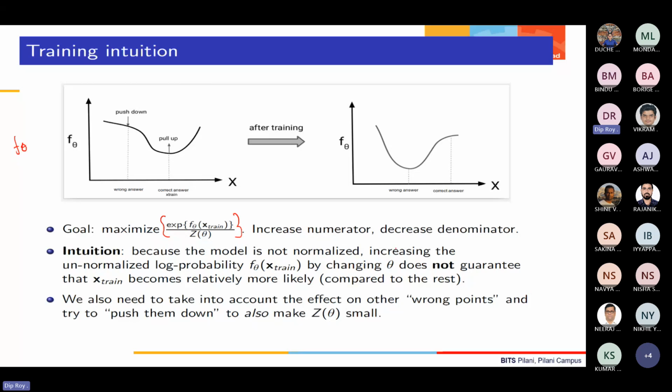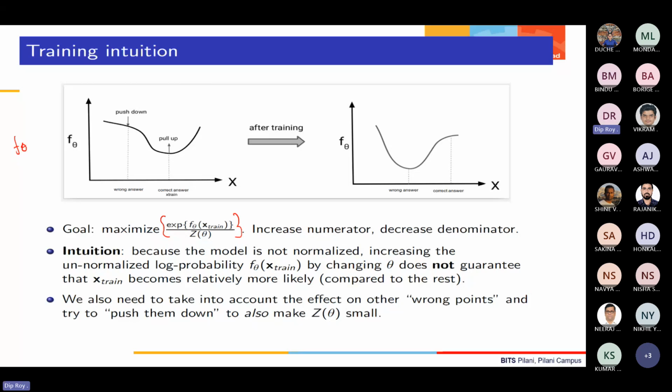Why? Because it's the same pizza slice story, right? It cannot be that you have increased the probability of a particular point, but you have not decreased the probability of another point. So whenever you are increasing something in the numerator, you have to decrease something in the denominator.